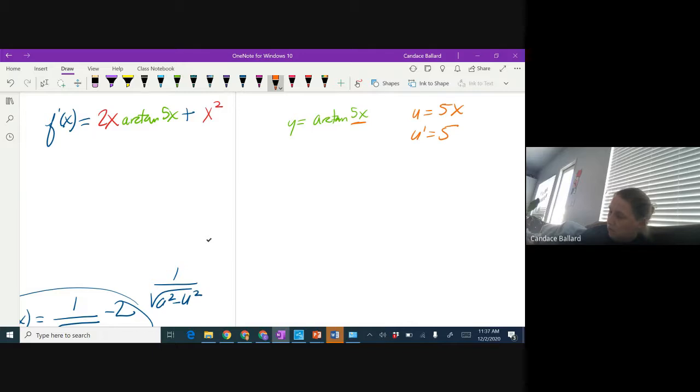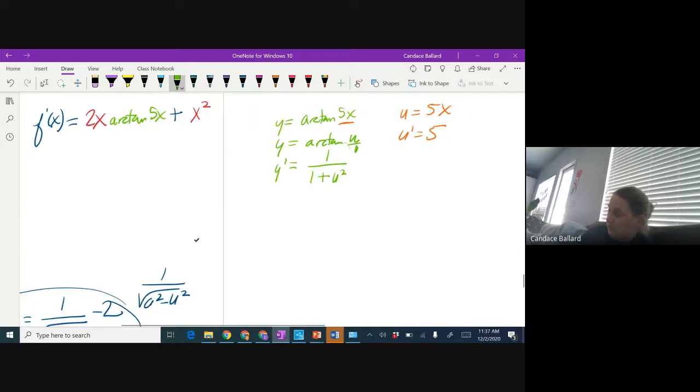And then I'm going to replace, right, arctangent of u, and now I'm going to do the derivative. So the derivative of arctangent is 1 over 1 plus, so this is the a again, a squared plus u squared, or as it is backwards. Let's see. Nope, they did it that way. Okay, and then we're going to multiply that by the derivative of the inside, which is just 5.